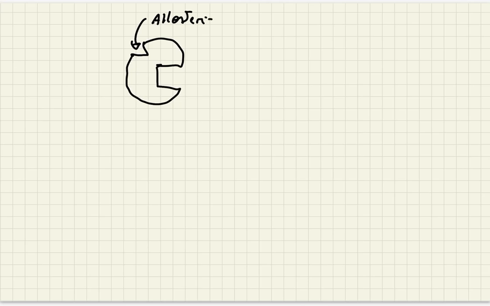So if I show here, let's say this is an enzyme right here. And this is the allosteric site. And this is where the non-competitive inhibitor goes and attaches.